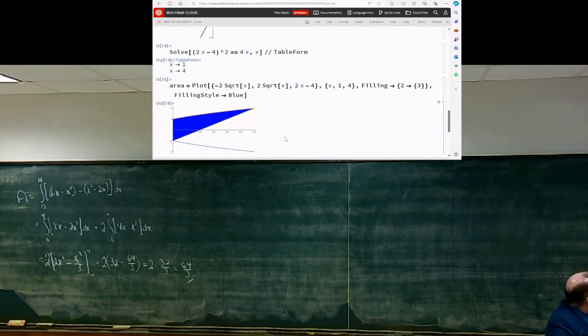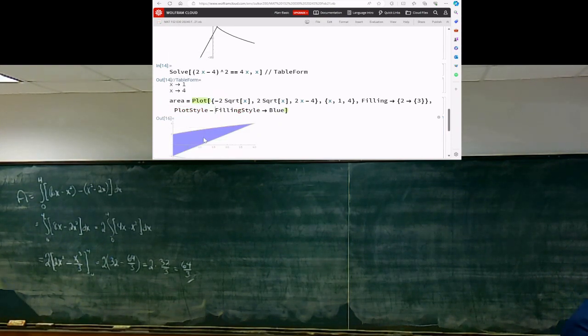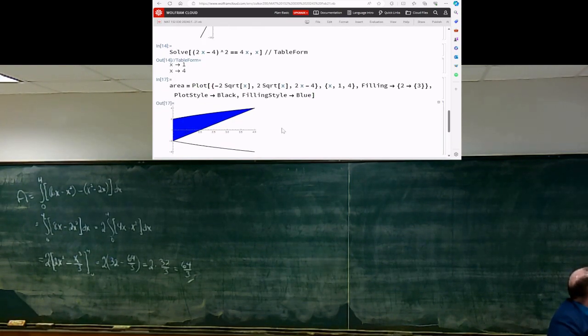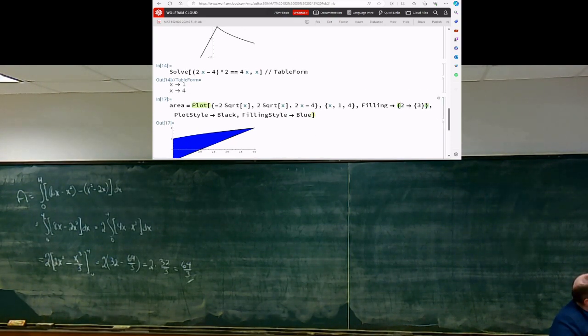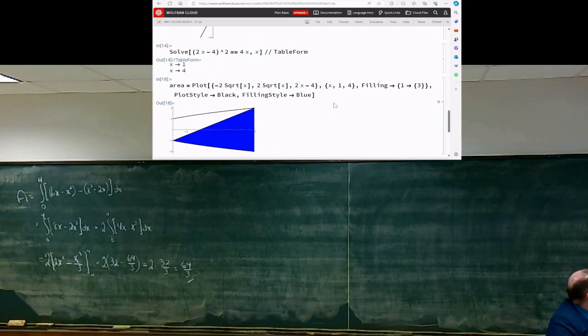And I forgot to do this, plot style. Get that in there. That's no good either. That's not what we're looking for. Could try to just do 1 to 3. No, that's not it either. Oh dear.